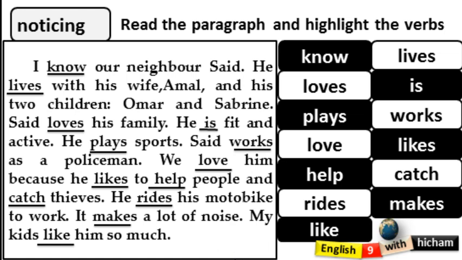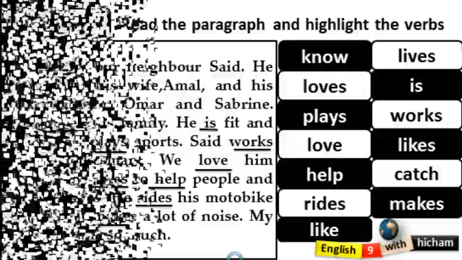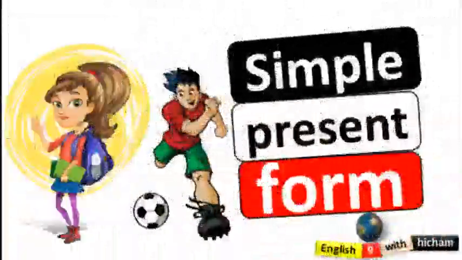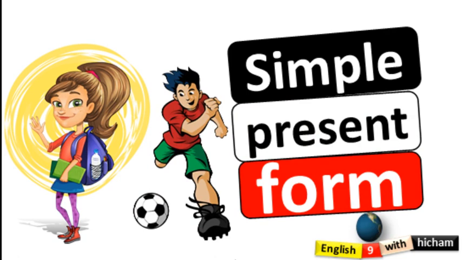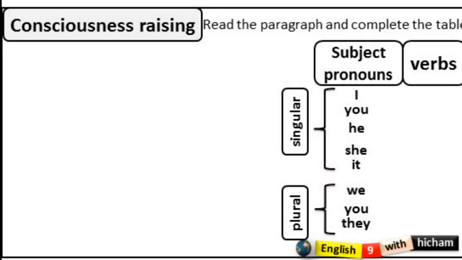Great job, my friends. You have done a fantastic job. Let's carry on our activities. So next, my friends, you're going to deal with simple present, the form of this simple present. We are going to notice and find out the form of this tense.